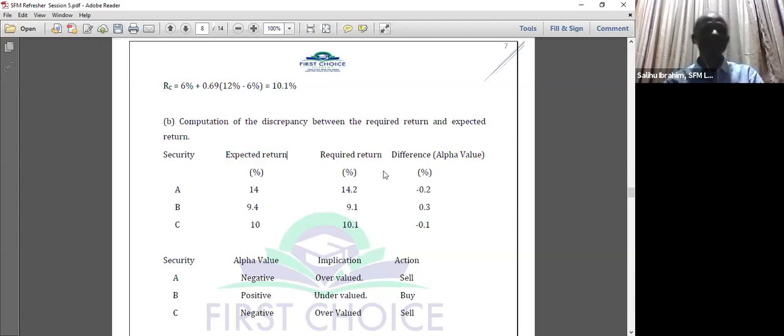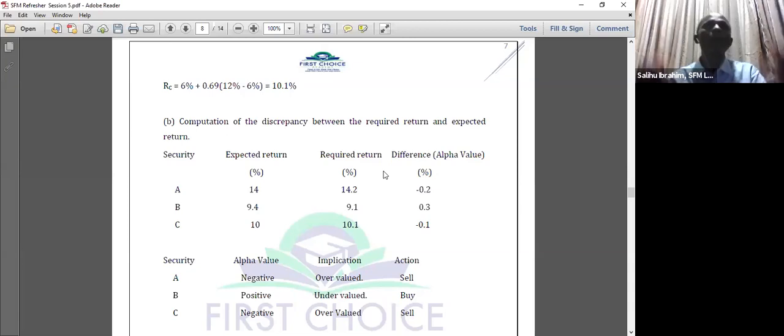Expected return minus required return. Meaning that alpha measures the difference between the return expected on that stock and the required return based on the CAPM formula.